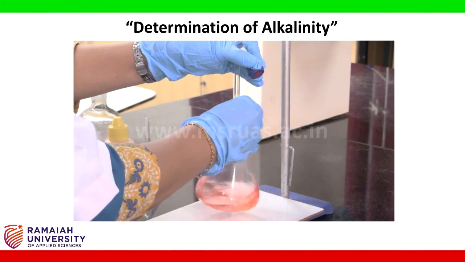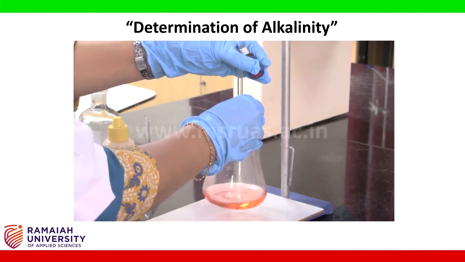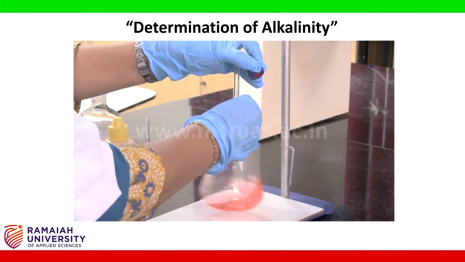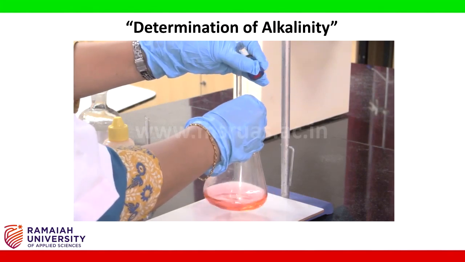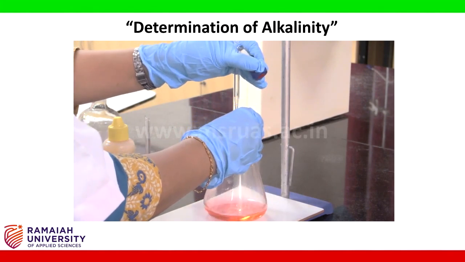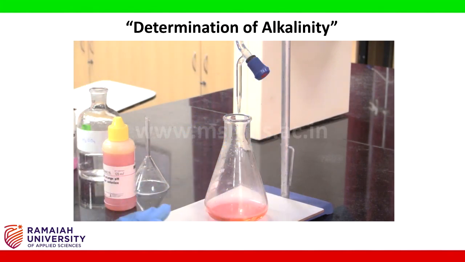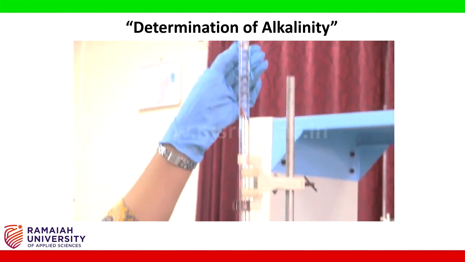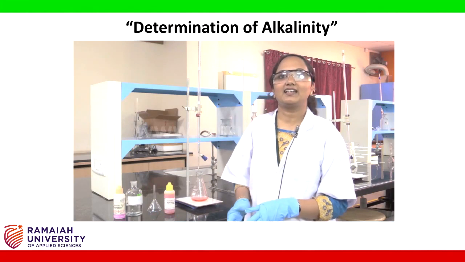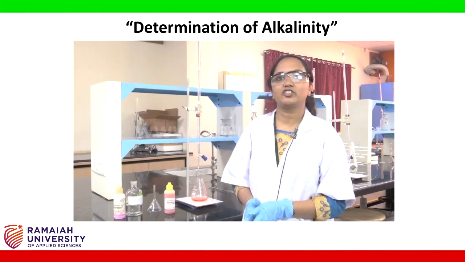So as you can see, the color has changed from orange to red. Now note down the reading from the burette. This completes the alkalinity test, that is the titration part.